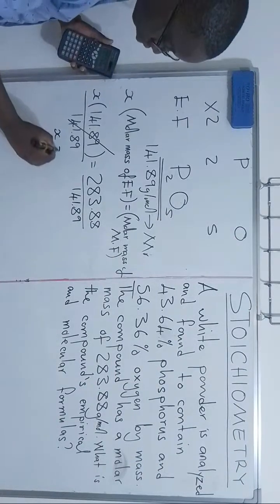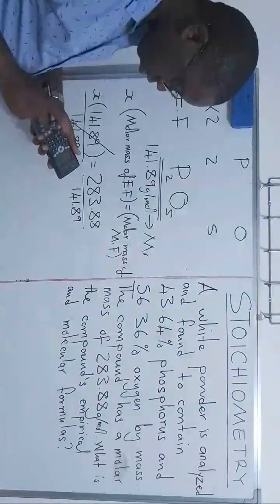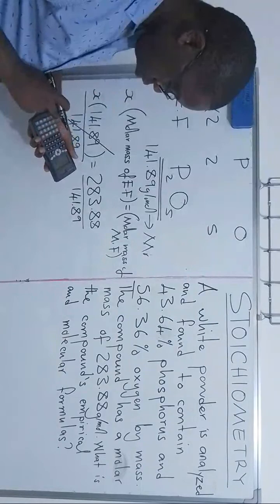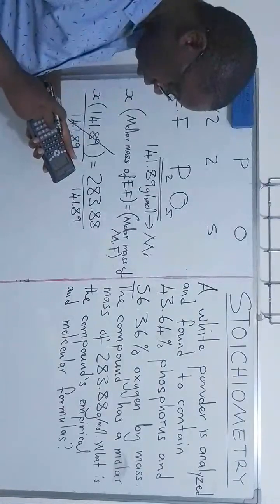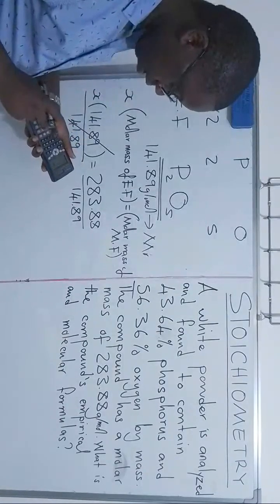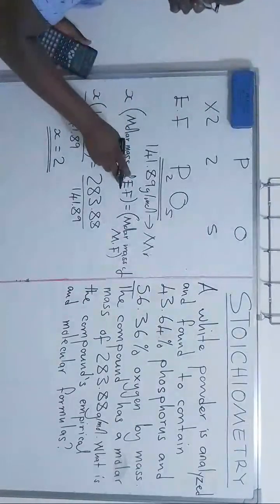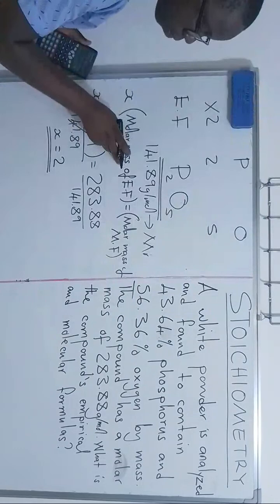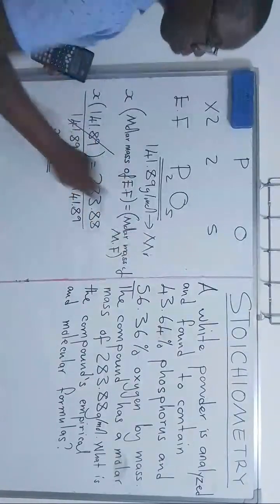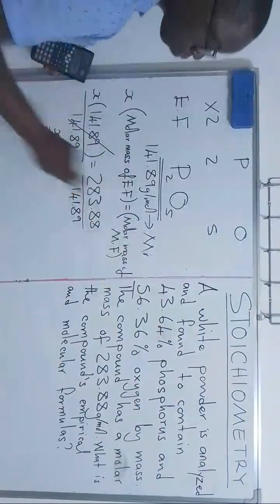We have X equal to 283.88 divided by 141.89. It is giving us 2 as the factor that has multiplied the molar mass of the empirical formula to come up with the molar mass of the molecular formula.